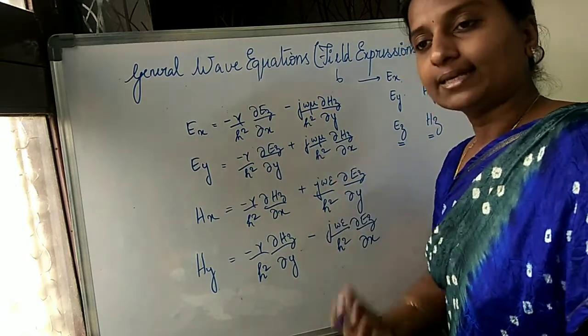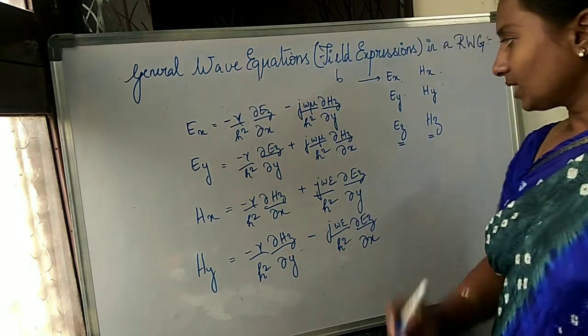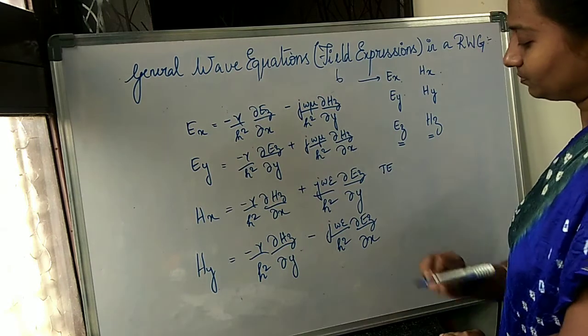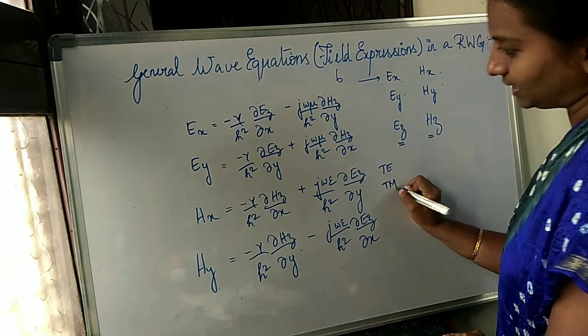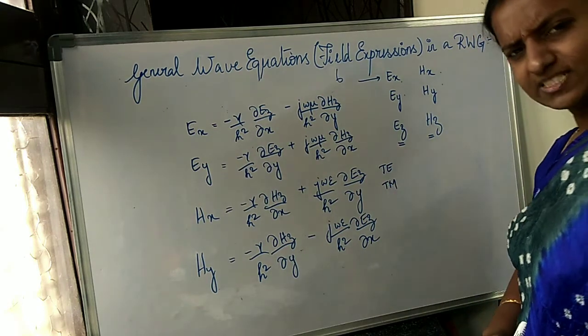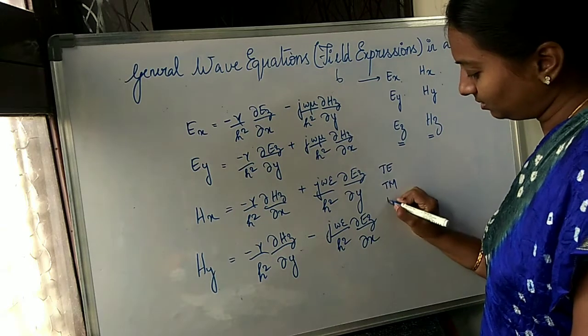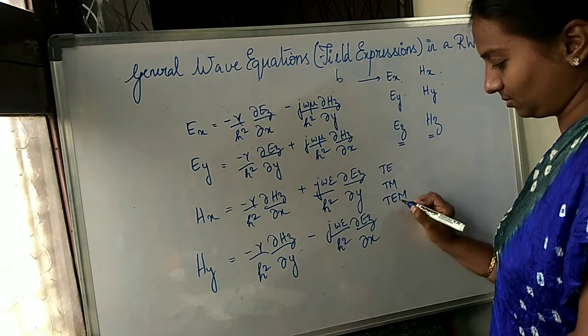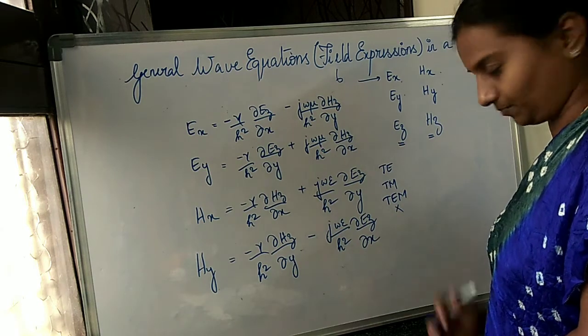I know that in a rectangular waveguide, I have TE modes existing and TM modes existing. Do I have TEM modes existing in a rectangular waveguide? No, I don't have a TEM mode existing. We'll see why.